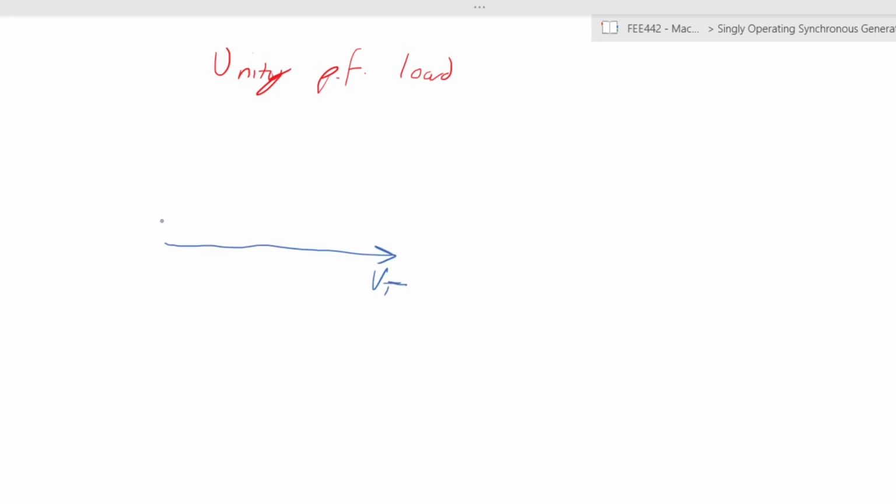And in this case, you have IA along the same axis, right? Then you have EA, same as we had before. And you have IAXS. So JXSIA is at right angles to that. Okay, and this is EA.